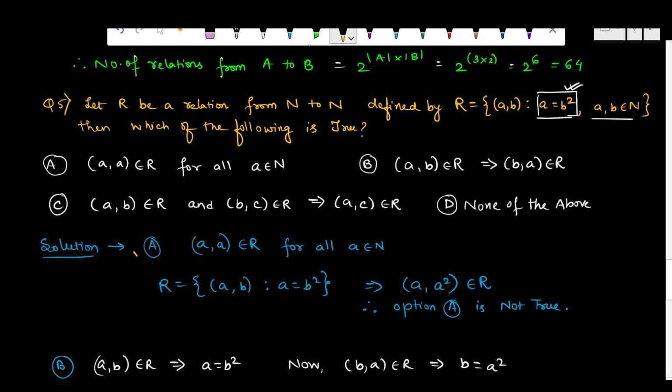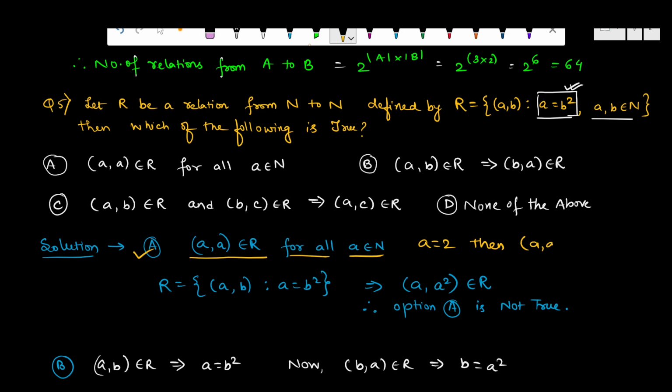So let us check the first option. Now (a, a), they are saying (a, a) belongs to R for all a belongs to N, right? Suppose we take a equals 2, then the pair (a, a) will be of the form (2, 2). Now can this belong to R?